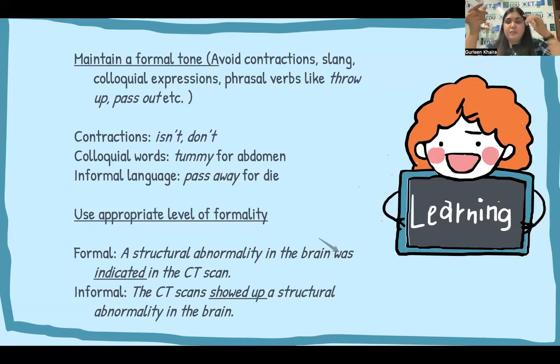In the first aspect of the lesson, when we were discussing conciseness and clarity, one of the tips was to prioritize word precision. So this is what I mean: rather than using phrasal words that are informal, use words that sound formal.